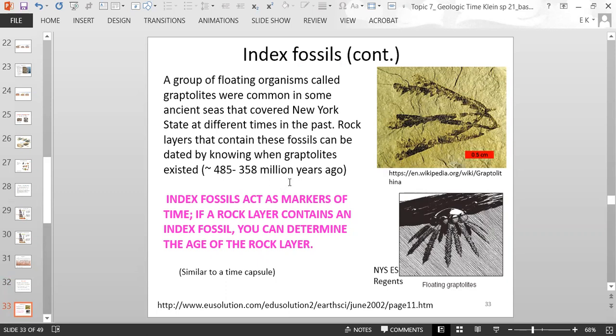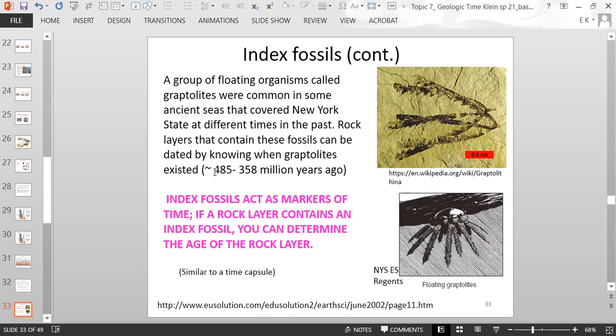So that means if you were to find a rock that has a graptolite fossil in it, you know that rock is between 485 million years old to 358 million years old. So index fossils act like a marker of time because that fossil species only existed a short period of time, so it marks that rock layer.